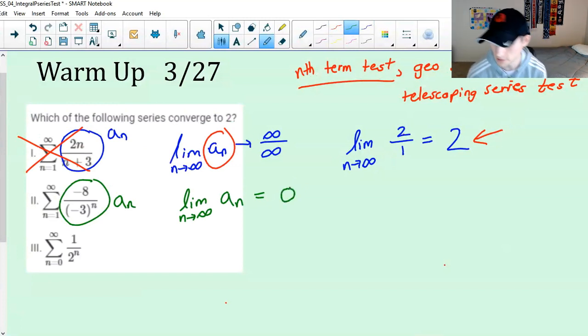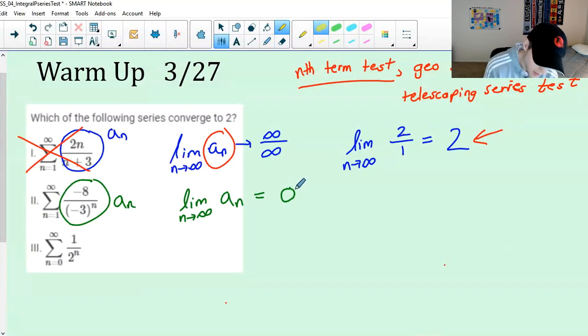So this limit goes to 0. Also from the nth term test yesterday, if our limit is something other than 0, then we know that it diverges. However, if our limit is 0, then the nth term test is inconclusive. This series could converge or diverge. We're not sure exactly. We'd have to use some other type of test.